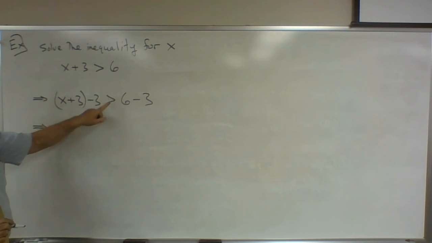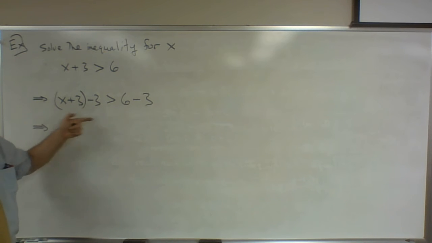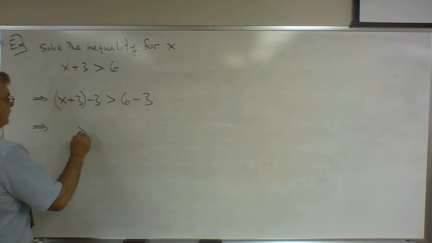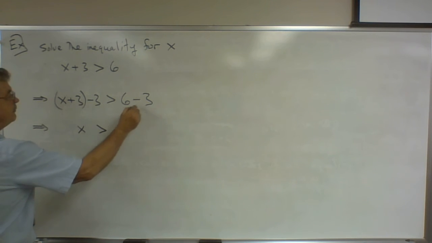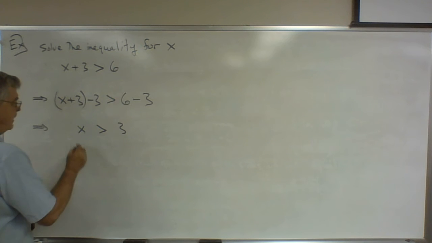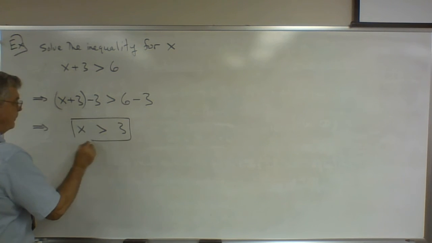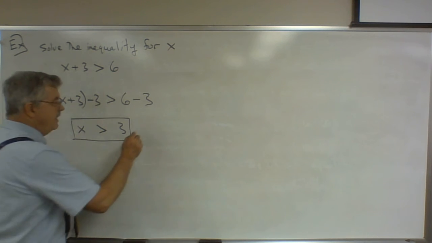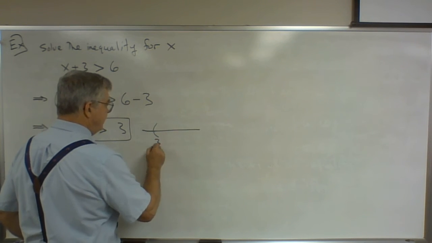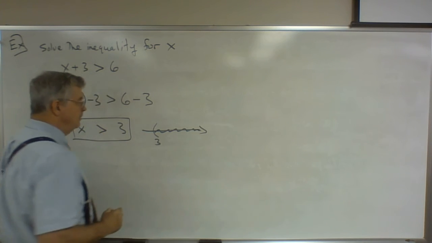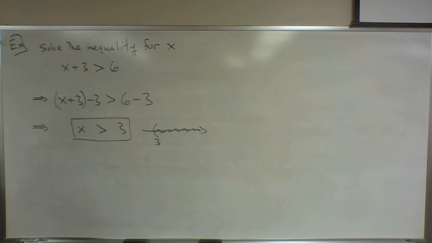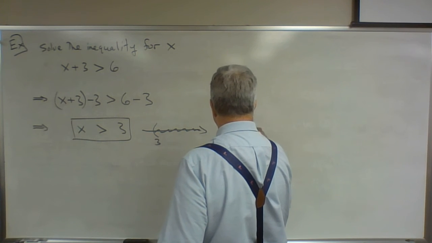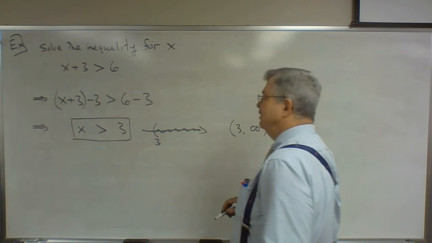And this inequality will still be pointing in the same direction. Plus 3 minus 3 is 0, so we just get x on the left. 6 minus 3 is 3. Here's our solution. x is greater than 3. In graphic notation, that's what it looks like. In interval notation, that's what it looks like.